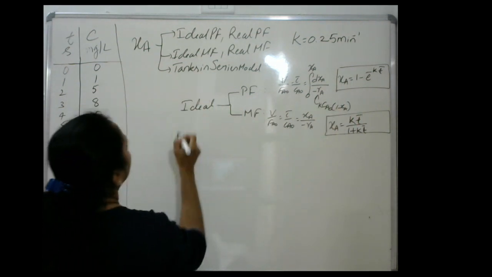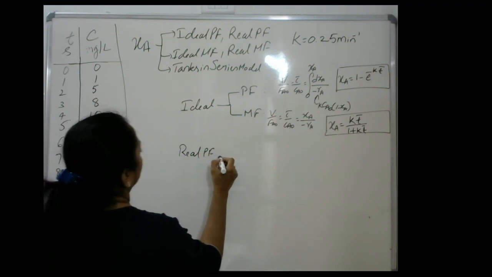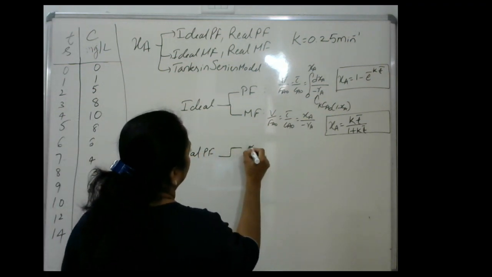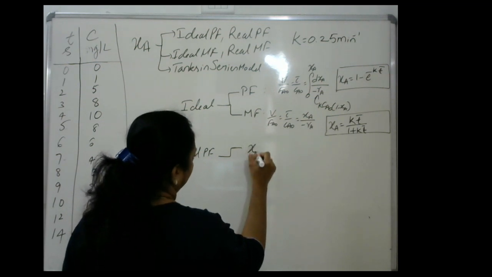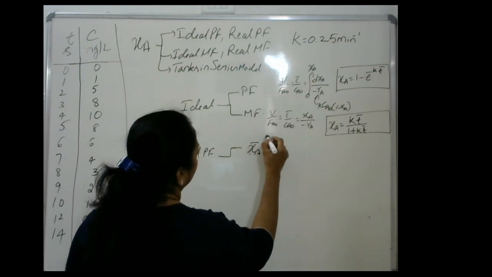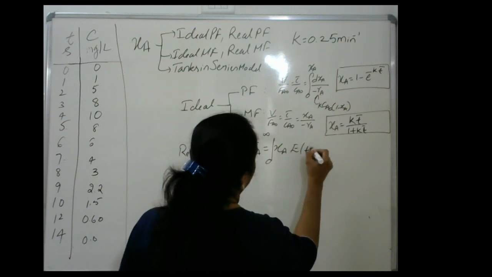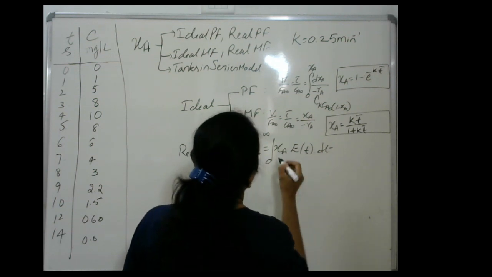Okay, now real PF and real MF. Real PF, what is that? Xa bar is equal to integral 0 to infinity of Xa E of t dt. What is Xa?